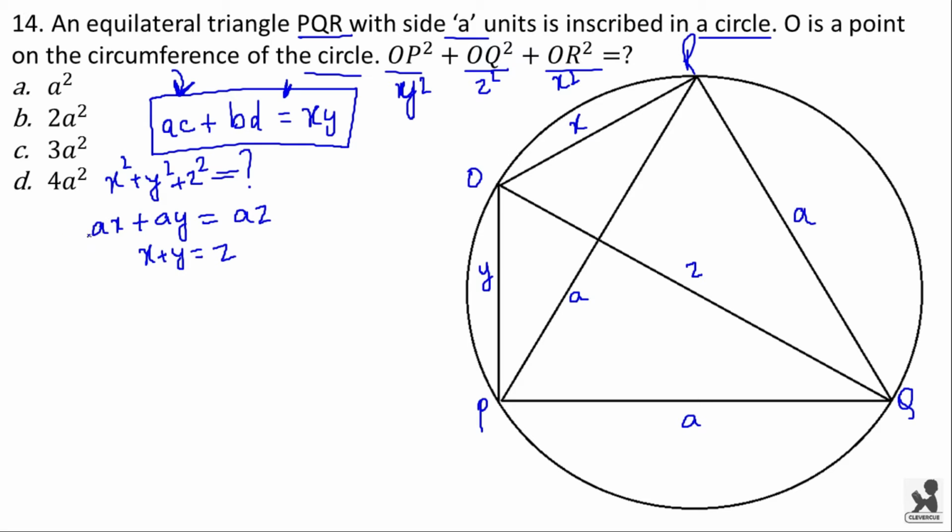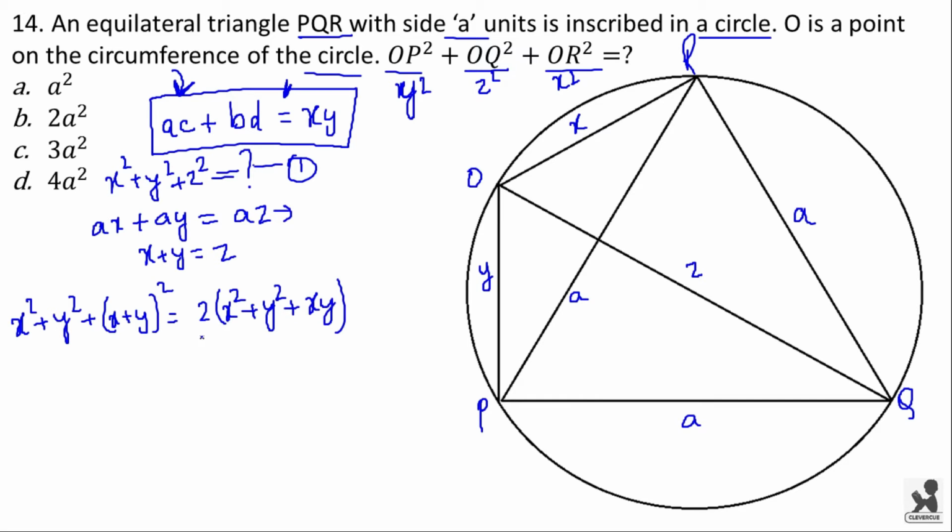If you divide by a on both sides of this equation, you get x plus y equal to z. Now let us substitute in this equation. We have x square plus y square plus x plus y whole square, which will be equal to 2 into x square plus y square plus xy.